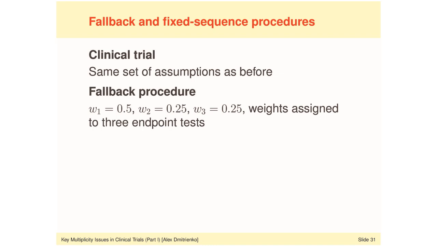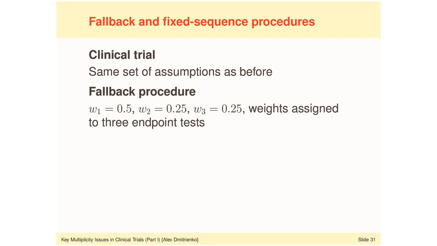We assumed that the endpoints followed a trivariate normal distribution and they were equally correlated, so they were indexed using a common correlation coefficient. We're going to assume that the endpoints will be tested sequentially using the fixed sequence procedure and then using the fallback procedure.